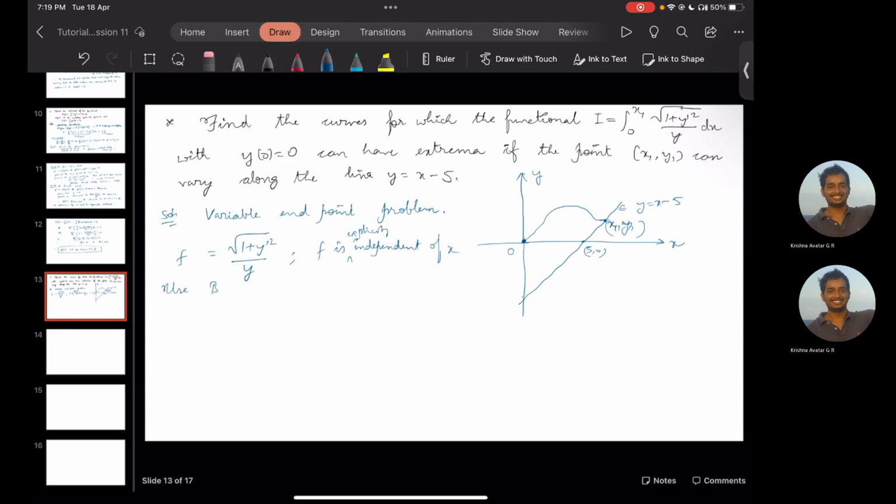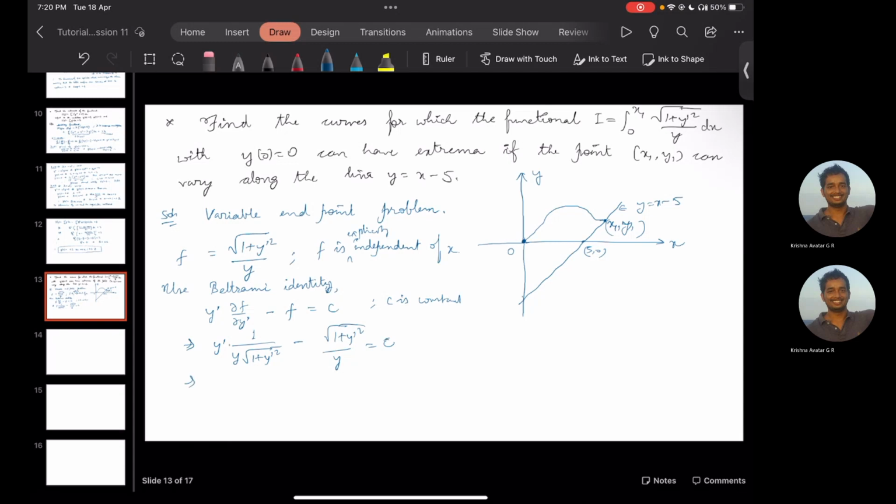So we can use what we call the Beltrami identity: y prime del f by del y prime minus f is equal to c. Now y prime into del f by del y prime is y prime squared by y into root over 1 plus y prime squared, minus root over 1 plus y prime squared divided by y is equal to c, and c here is a constant. c is a constant, which needs to be determined later.